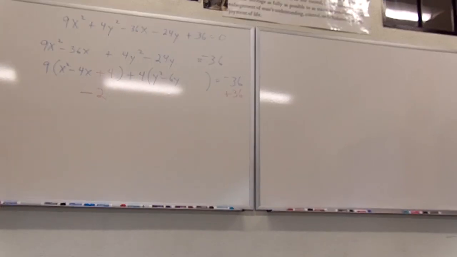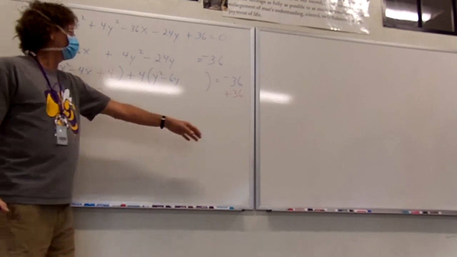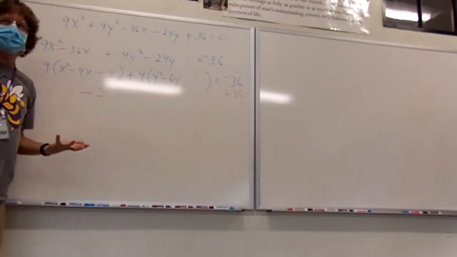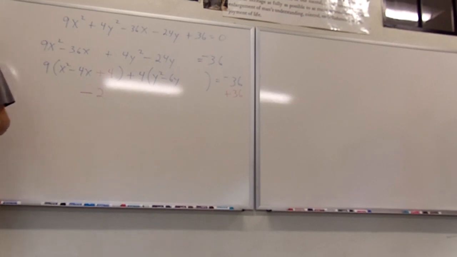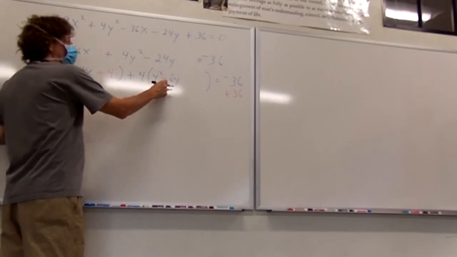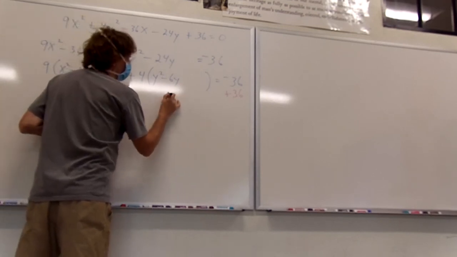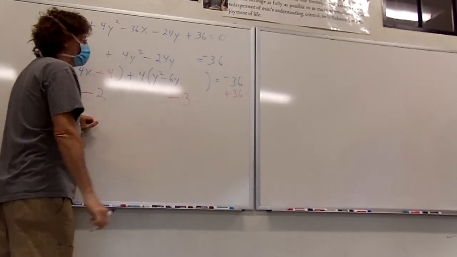A lot of students, this is where they miss it because they added 4 here, so they go over there and they add 4. Well, yeah, I can see you doing that because you're thinking, oh man, I added the 4. But remember, that 4 is being multiplied by how much? 9. Now, I'm going to take half of the -6. What's half of -6? -3.